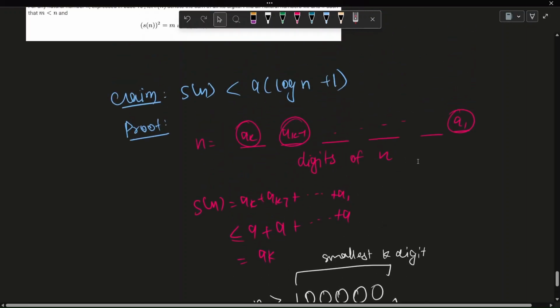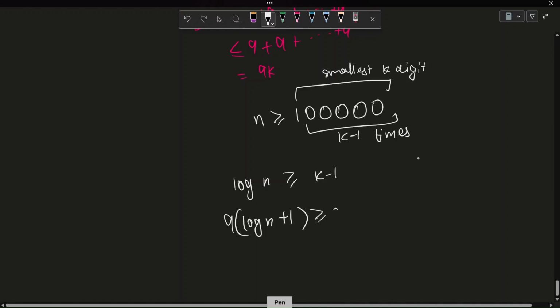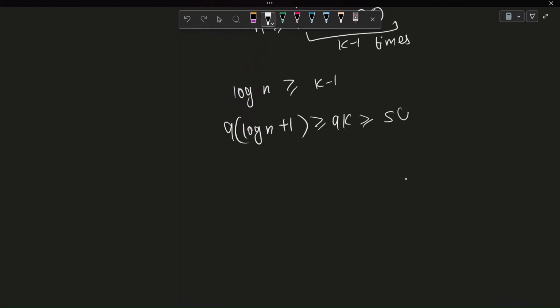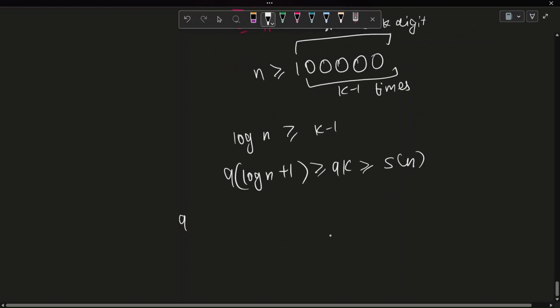And if we multiply 9 both sides, then we get 9 times log n plus 1 is greater than or equal to 9k. And 9k is greater than or equal to, as shown in our previous step, f of n. Okay, this is what we get, and so we have basically proved our result.